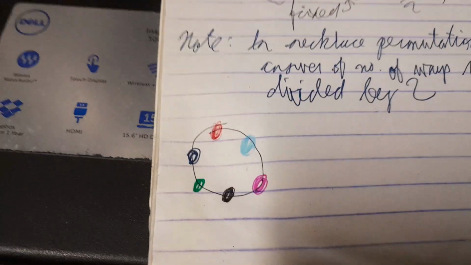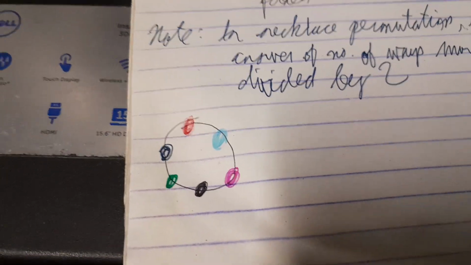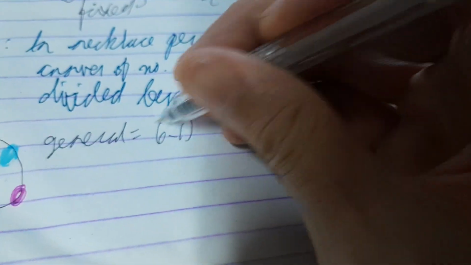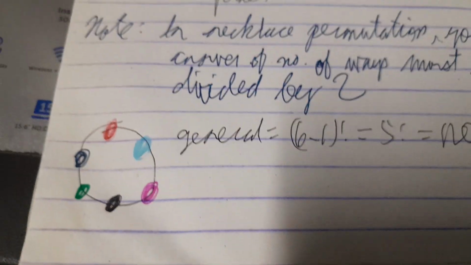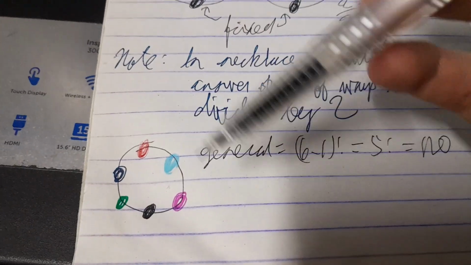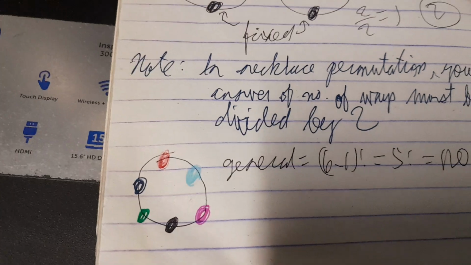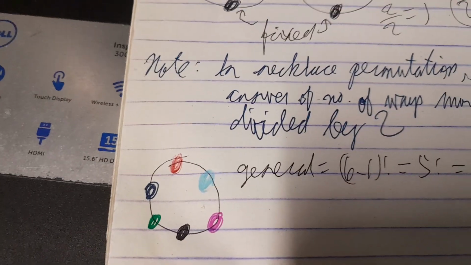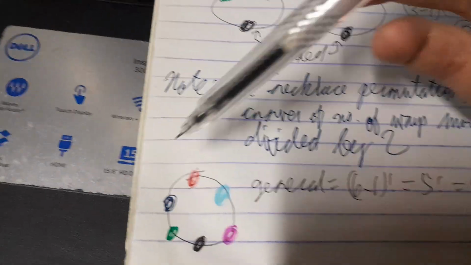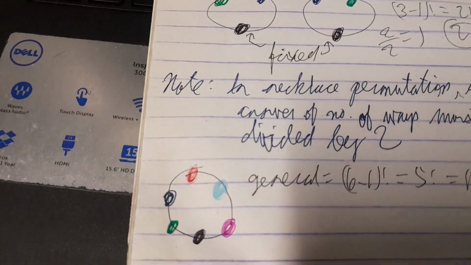Okay, so like this. Remember, this is another sample of a necklace. If we were to arrange that, the general formula is 6 minus 1 factorial, which is 5 factorial, giving us 120 possible ways. With green here, the other colors can swap, and 4 factorial is 24. Then if the dark blue or navy blue is here and the other colors are here, times 4 factorial. If red is here, same criteria, 4 factorial.